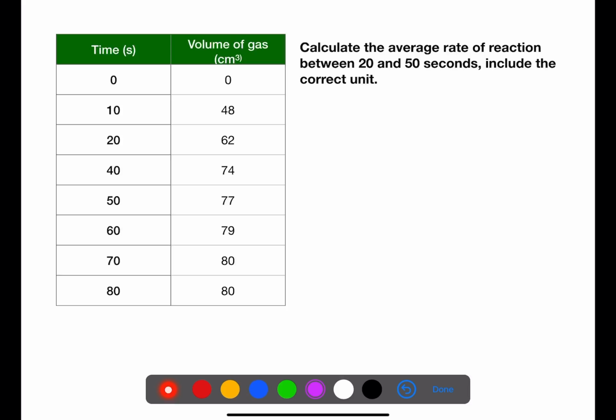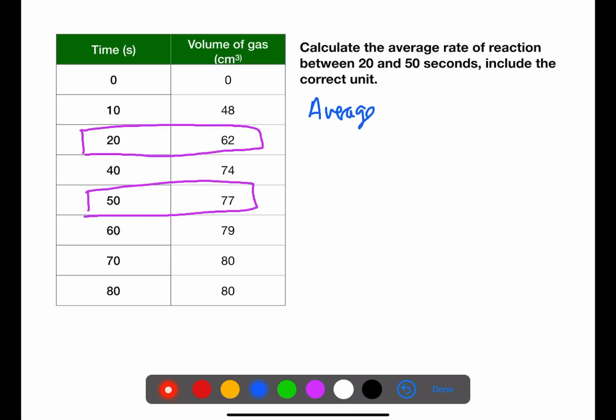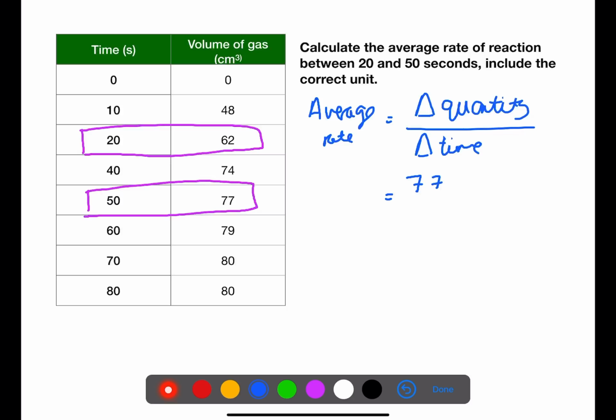For this example, we're looking at the average rate between 20 and 50 seconds. So our top line is always change in quantity, and that is divided by our change in time. So at 50 seconds, the volume of gas is 77.